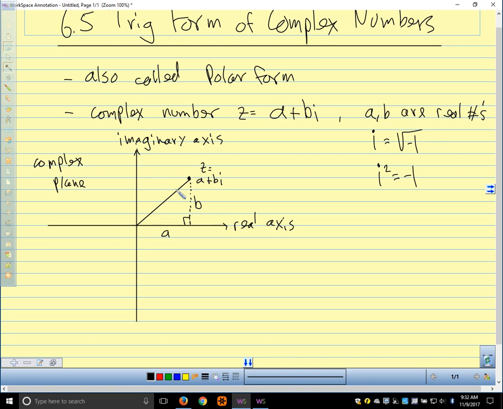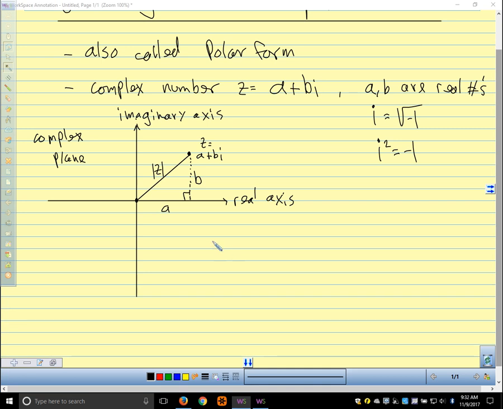The length of this hypotenuse, the distance of the complex number from the origin, we call the absolute value of z. And the absolute value of z is just the length of that hypotenuse. We say the absolute value of a plus bi is the square root of a squared plus b squared.